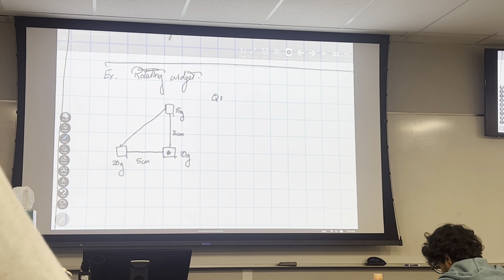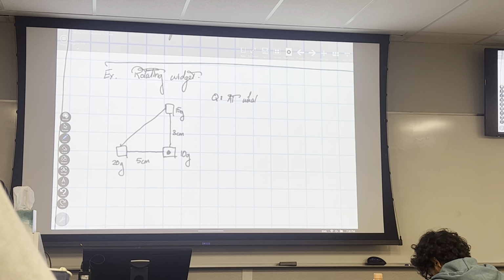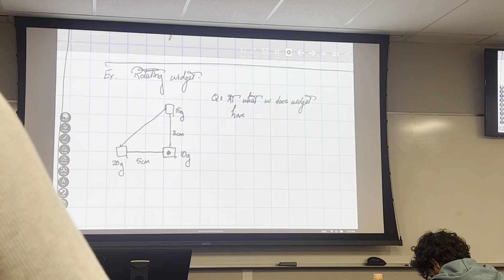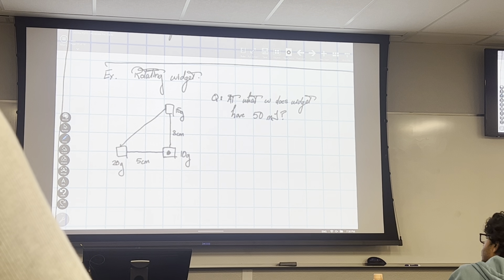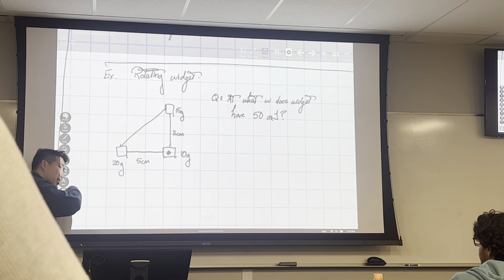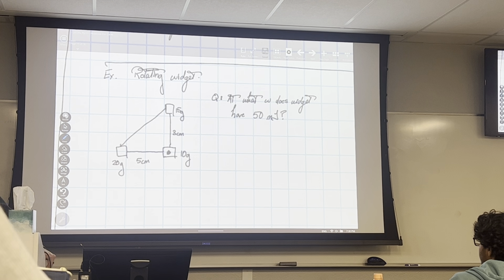And the question I want to answer is, at what omega does the widget have 50 millijoules? So this widget is going to be beginning to rotate, and we just want to know at which angular velocity will the system have 50 millijoules?